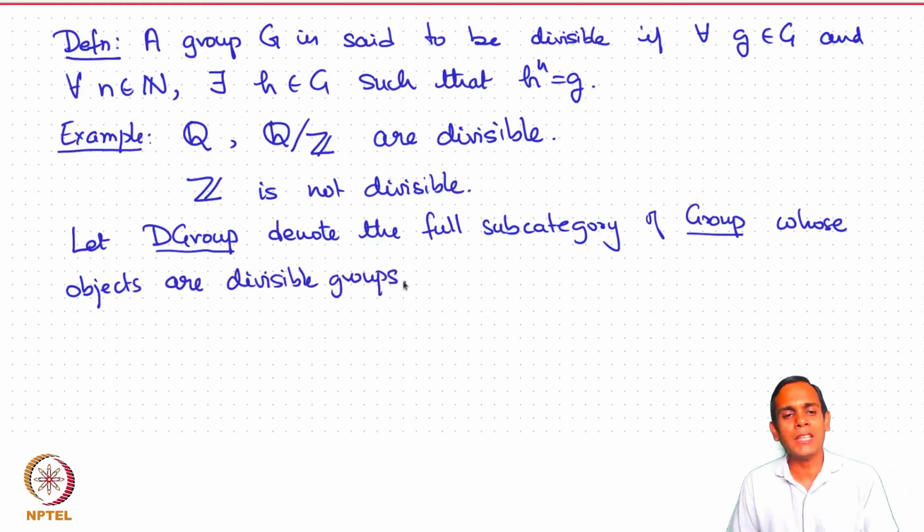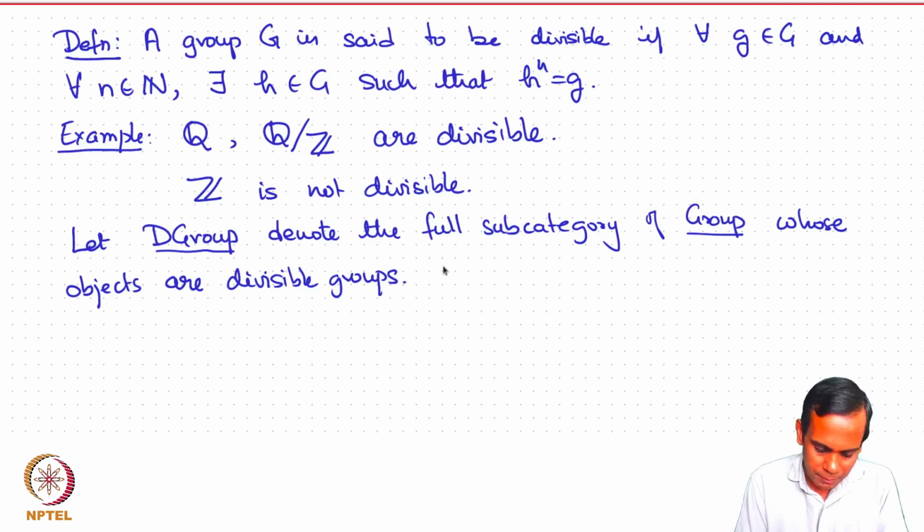So this means that the objects of D-Group are only those groups which are divisible. However, the homomorphisms between any two objects in D-Group are all the group homomorphisms. That's what we mean by full subcategory.